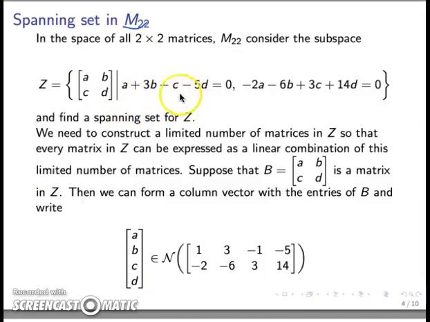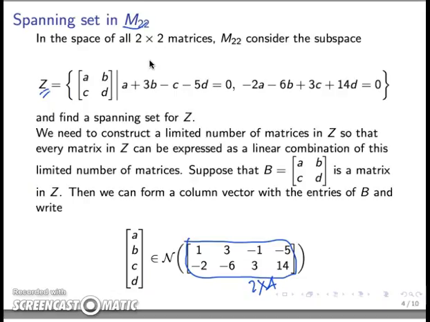By satisfying these equations, what we're saying is that this is a homogeneous system of equations, which is equivalent to stating membership in the null space of this matrix that we specify here. This is a matrix that is 2 by 4, and membership in the null space of this 2 by 4 matrix is essentially those entries that define a matrix that's a member of this set Z, which is a subspace of M sub 2,2.